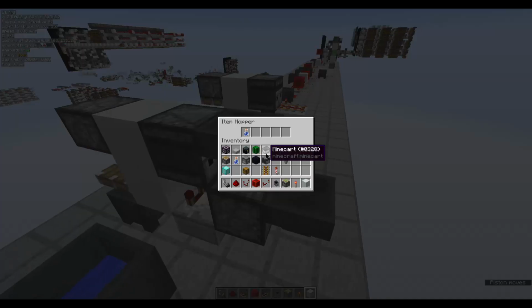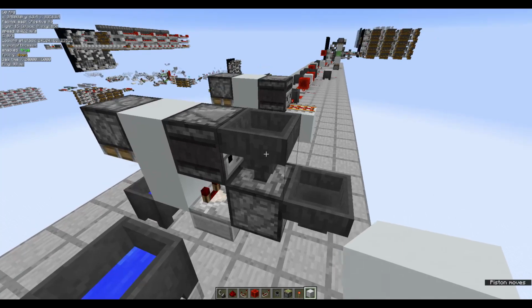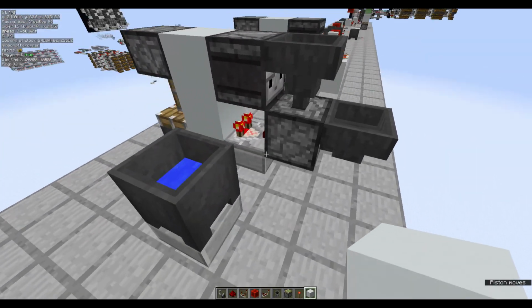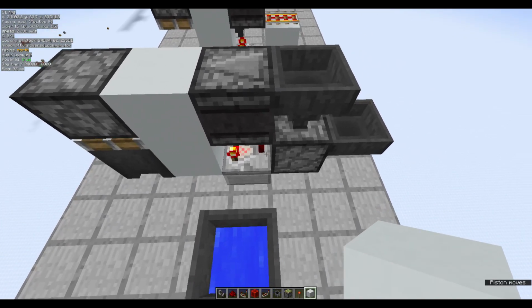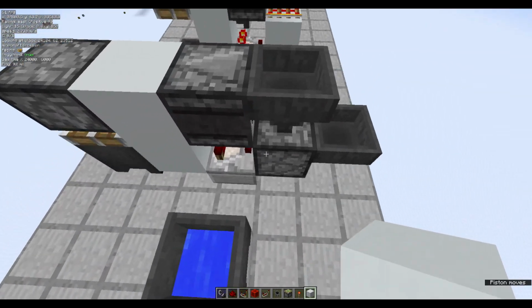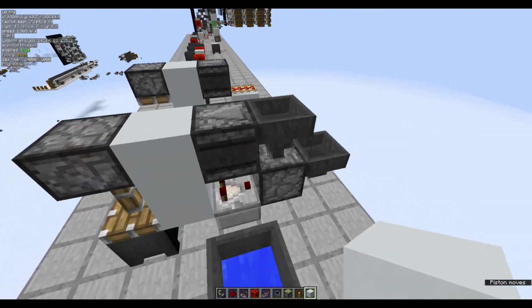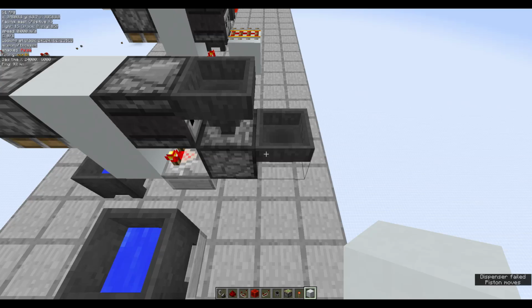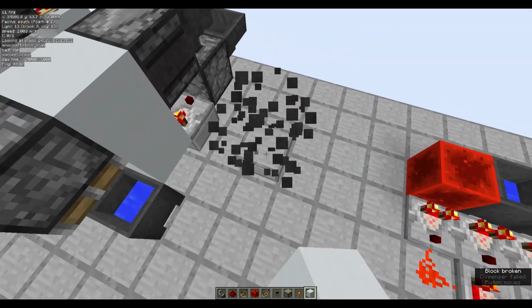Yeah, so you can see the item is moving back and forth from the dropper to the hopper and back. And each time it moves, the comparator is detecting that, and it's changing its state, and the observer keeps detecting that. Okay, there we go. It's a bit noisy, so turn that off.